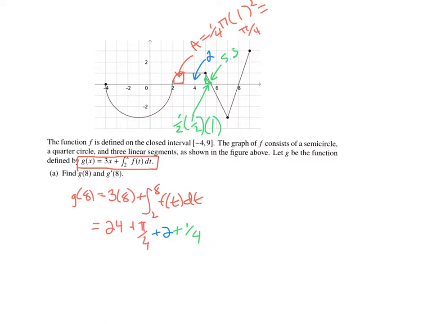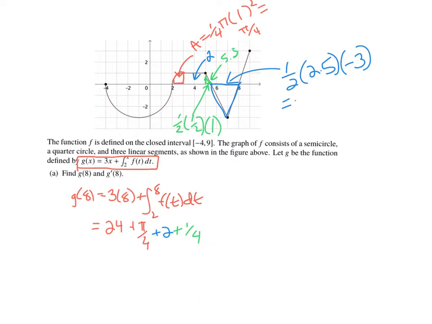Between 5.5 and 8, I have another triangle. The base of that triangle, so it's 1/2 times my base, which is 2.5, times my height, which is 3. You can write it as -3 if you want to. If you don't write it as -3, you are going to have to make it negative in the end because it's below the x-axis.